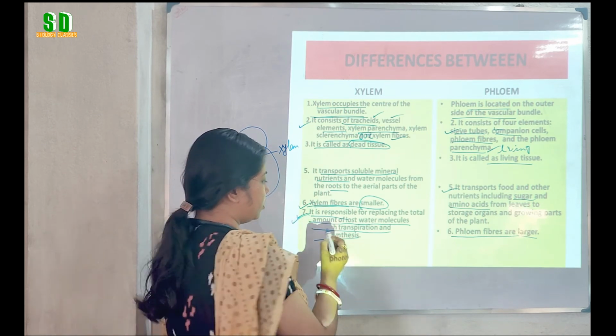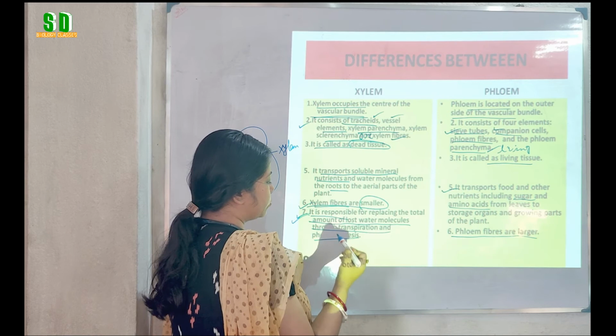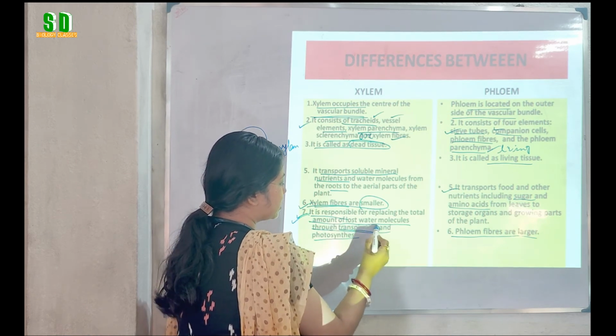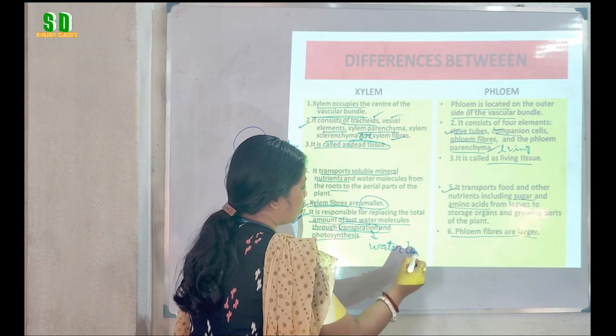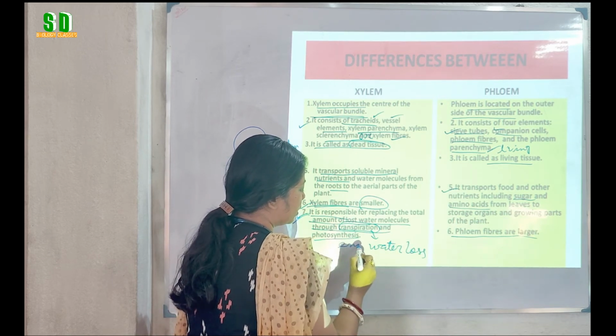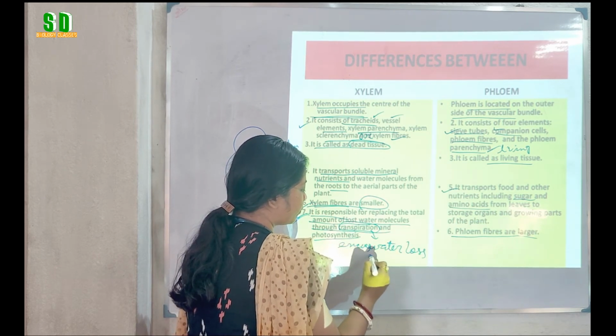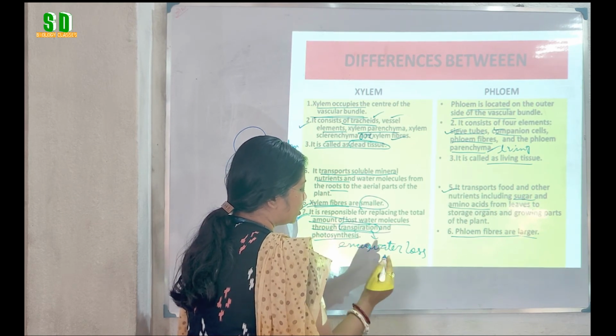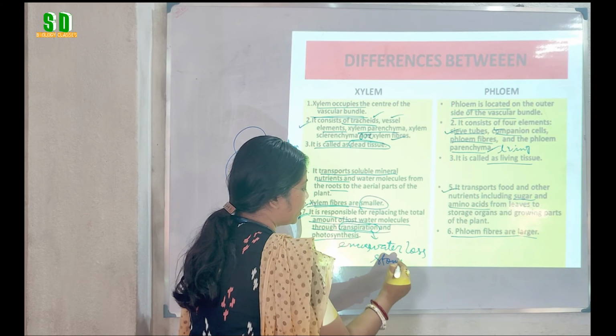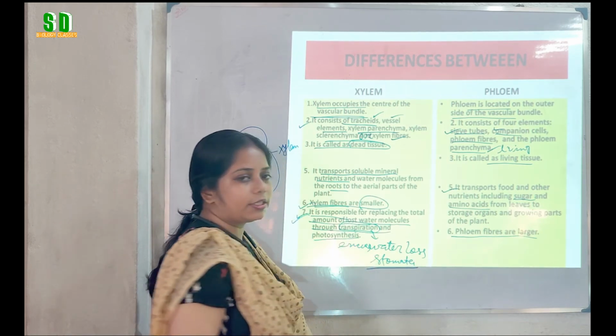And another phenomenon that happens within the plant body is transpiration. Transpiration is the loss of excess water through stomata. Stomata are the small openings present in the leaves.